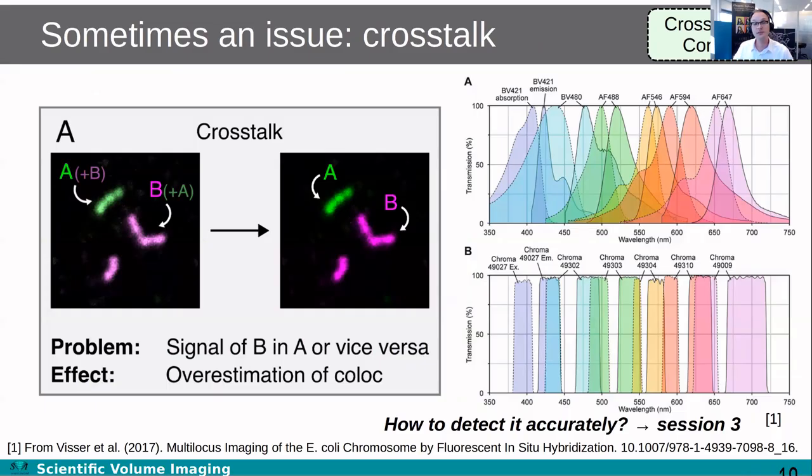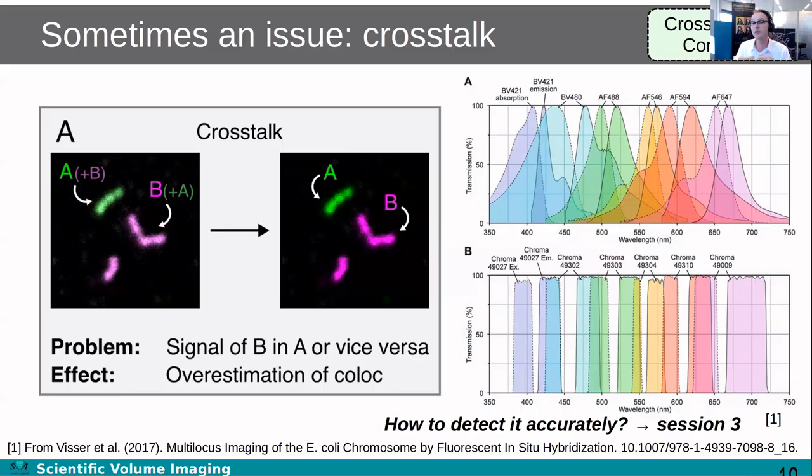Moving on, crosstalk is of course also a known phenomenon. It's not always present, but it leads to an overestimation of the amount of colocalization. If the signal from fluorophore A has a wide spectrum and therefore also appears in channel B, then the signal appears at the same place in both channels, so that appears to be colocalization, but it's really crosstalk.